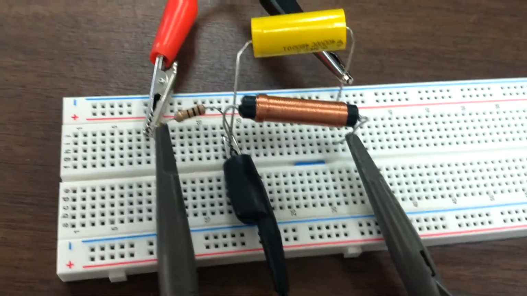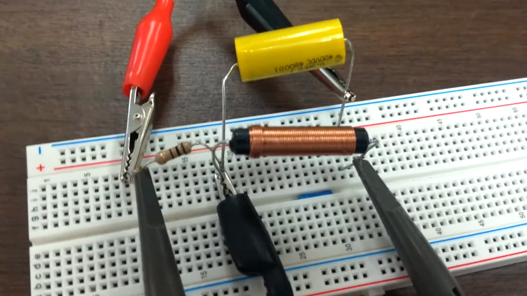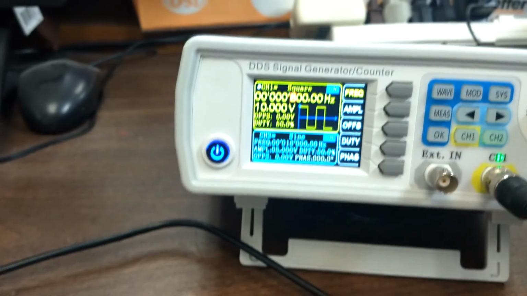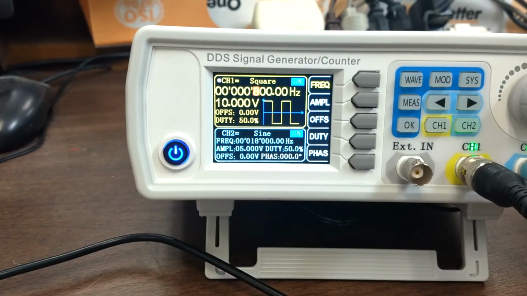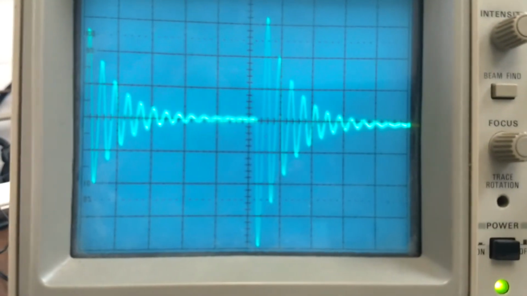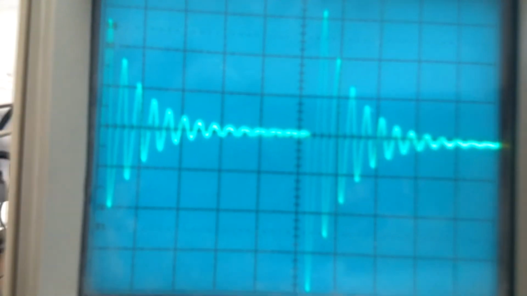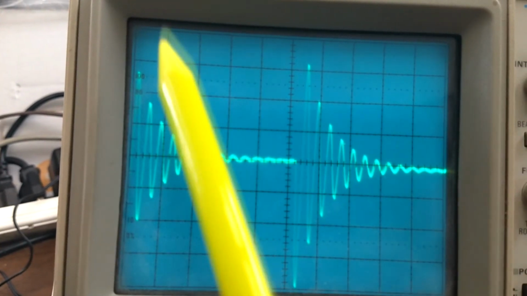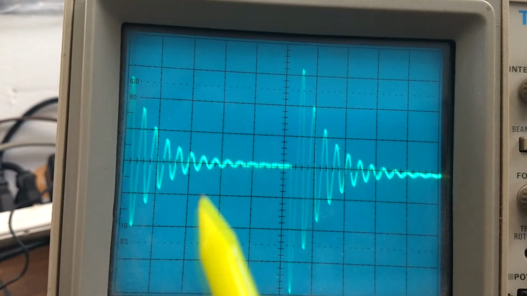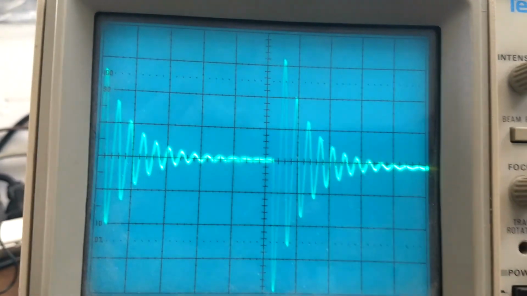Okay, here's the same setup with the parallel LC. And this time I'm hitting the circuit with a square wave. And here's our waveform. When the square wave goes positive, our tank circuit is ringing at its natural resonant frequency.